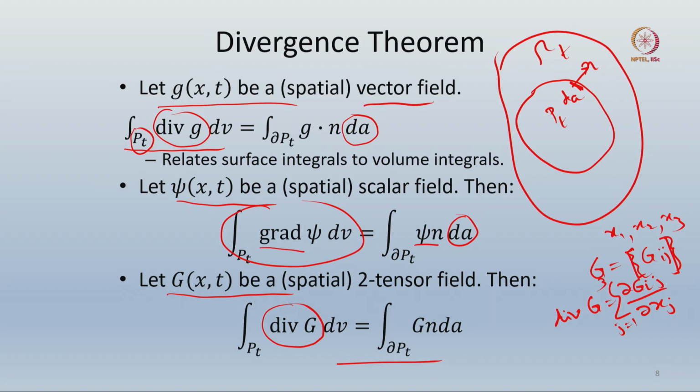If G is a two-tensor, the divergence of G, as you can see from here, has a sum over j, and after you do the sum only i remains as the free index, so it becomes a vector. So the divergence of G is a vector. G as a matrix multiplied by the vector n also becomes a vector. This kind of sanity check should be done by you at times to ensure that everything is in order.